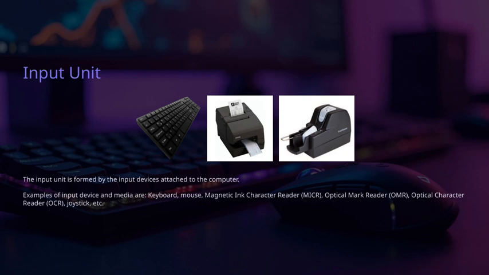The key takeaway here is that the input unit comprises various devices that serve as the interface between us and the computer. These devices are crucial because they enable us to interact with and control the system effectively, which ties back to the overall theme of how different components work together to make a computer functional.